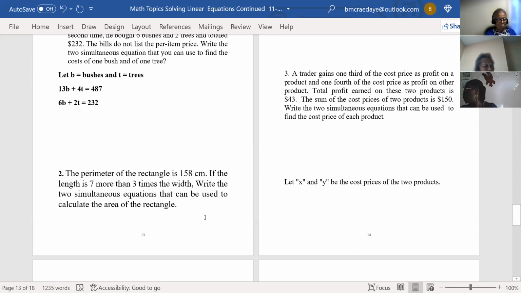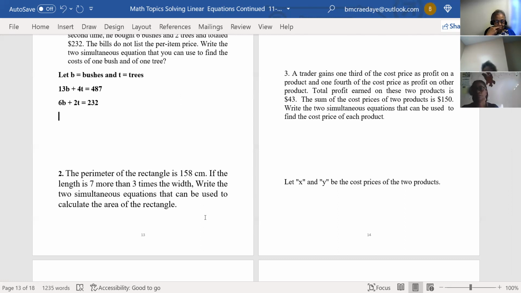Length is 7 more than 3 times the width. Write 2 simultaneous equations that can be used to calculate the area. And you know area is what? Length times width.